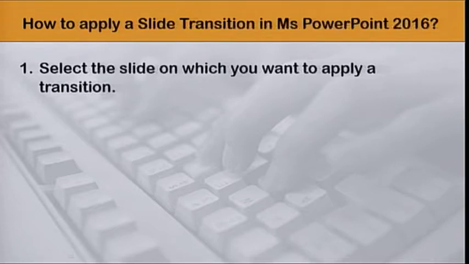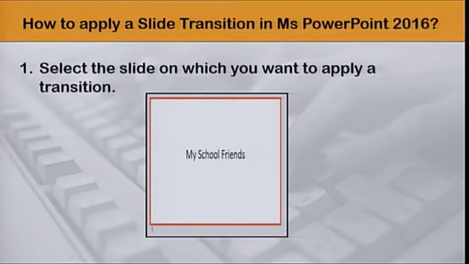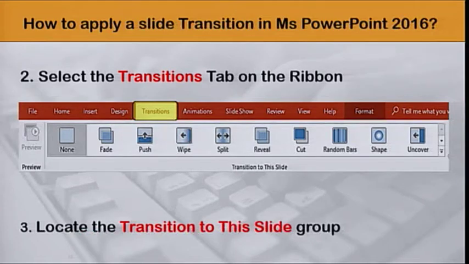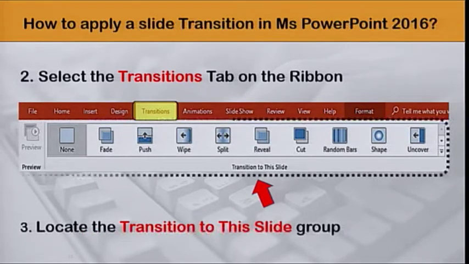First, select the slide on which you want to apply a transition. Then, click on the Transitions tab from the ribbon and locate the Transition to This Slide group.